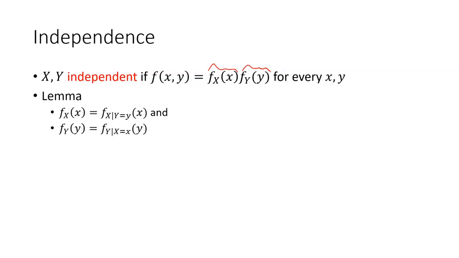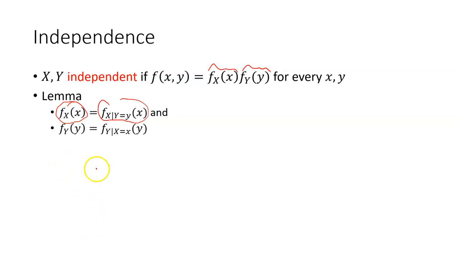Now, there's also a lemma which says that if our conditional distributions are equal to the marginals, then we're independent as well. So whether we're using the marginals multiplied to give us the joint, or the fact that the conditional distributions are the same as the marginal distributions, that would also imply that x and y are independent.